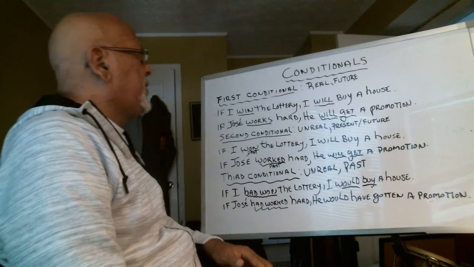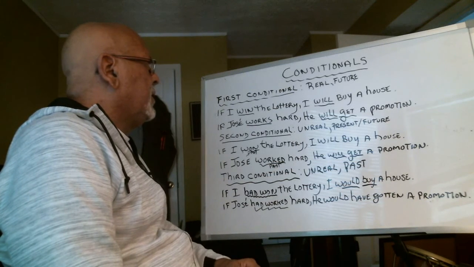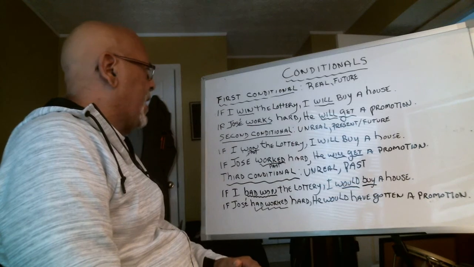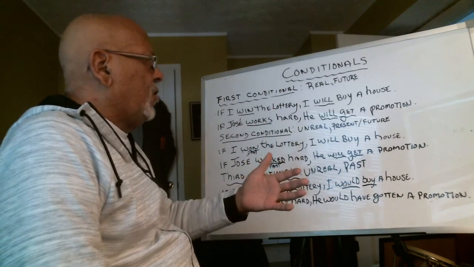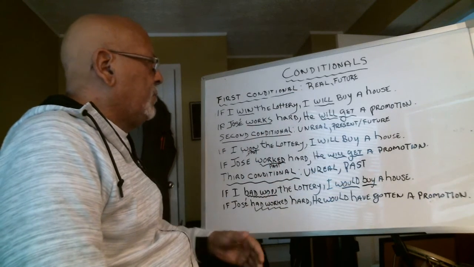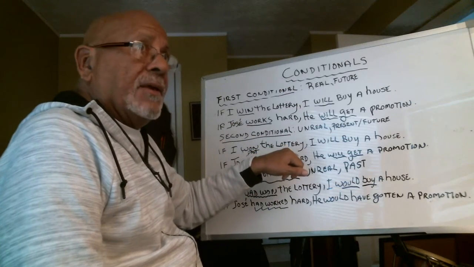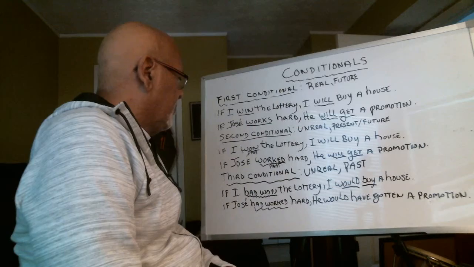Then you have your first conditional. If I win, simple present, the lottery, I will buy a house. And the second conditional, which is unreal, it would be if I won the lottery, I will buy a house.